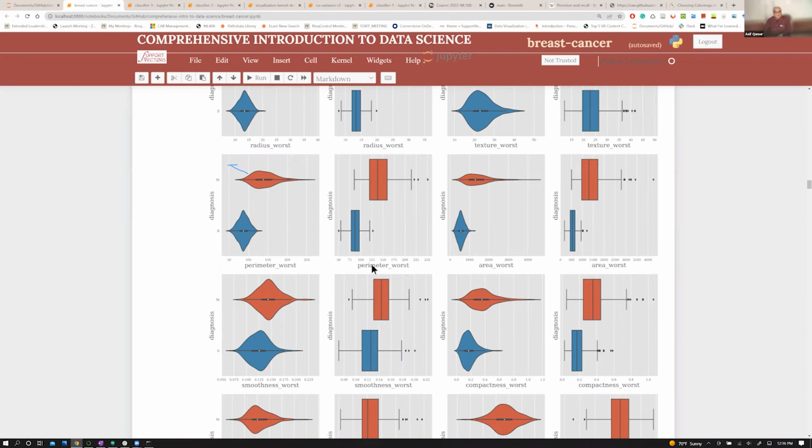Like, for example, for perimeter worst, if I just split it at 110, right? Below that, it's all benign. Above that, it's all malignant. I wouldn't be far off. It will make some mistakes, but it'll be a pretty good model. Right? And so he cautioned actually that people are in a hurry to build complicated models. And you shouldn't.